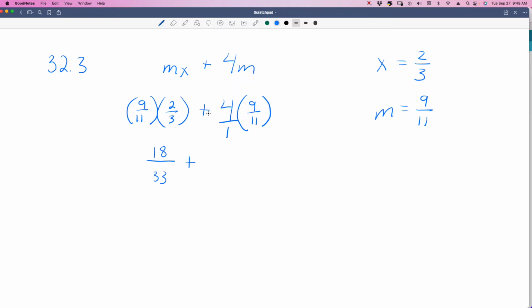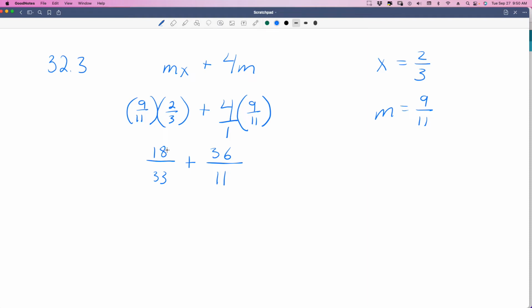All right, I'm going to bring down the operation. 4 times 9 is 36, and 1 times 11 is 11. Well, we can't really do anything with this yet because they don't have the same denominator, right? But I know that I can reduce this fraction, and then I can have 11 as my denominator.